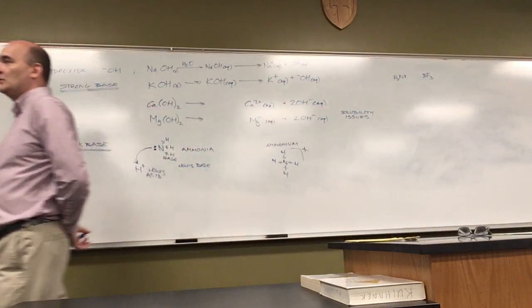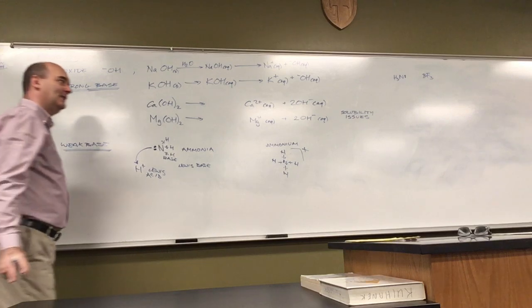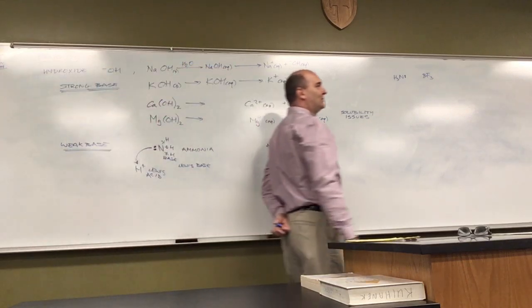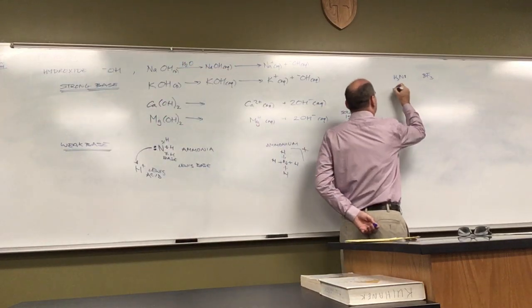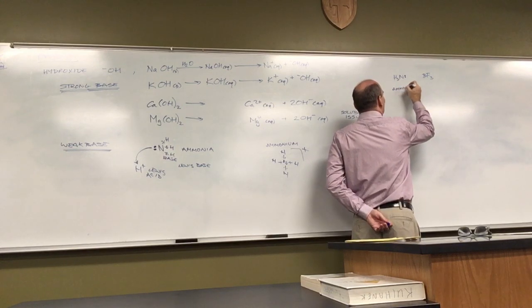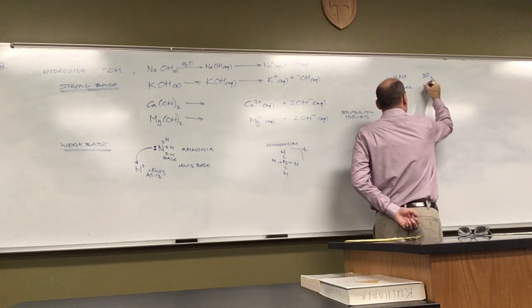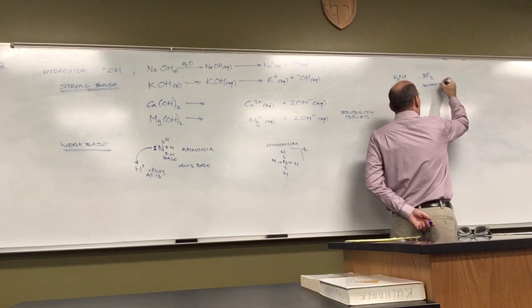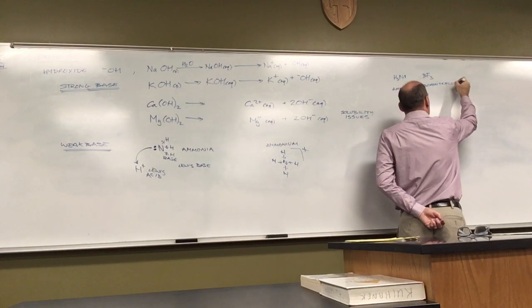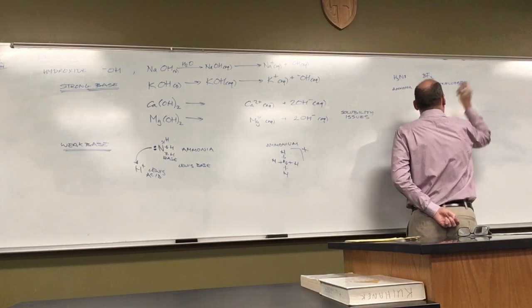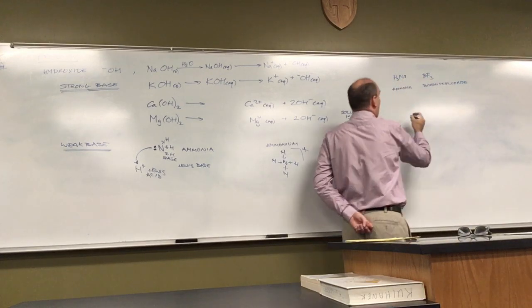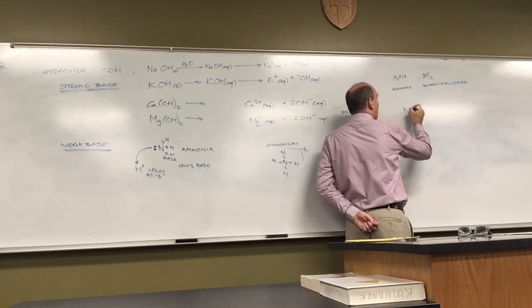I've got NH3, which is ammonia, and BF3, which is boron trifluoride. Okay, let's write out the Lewis structure.